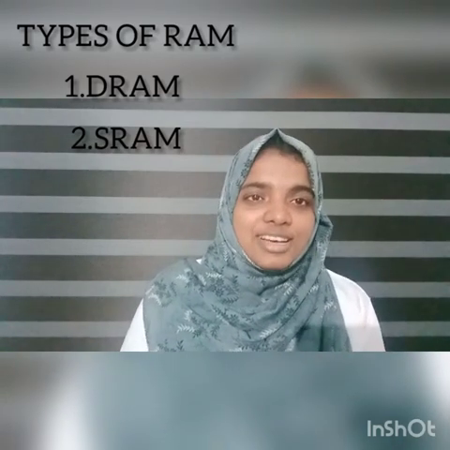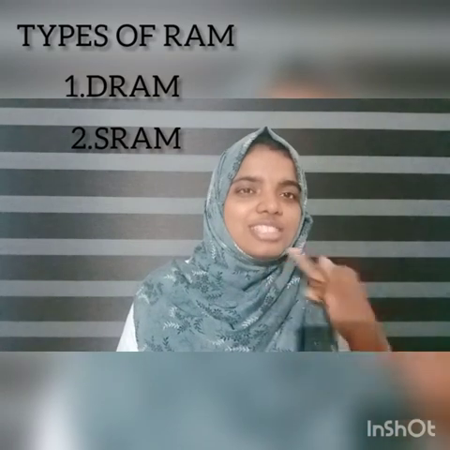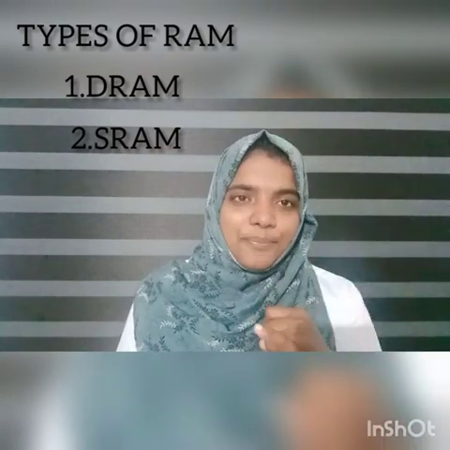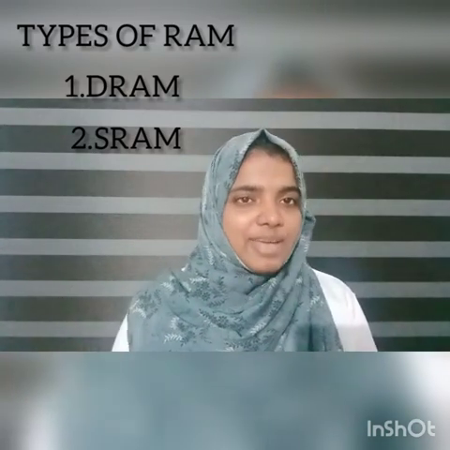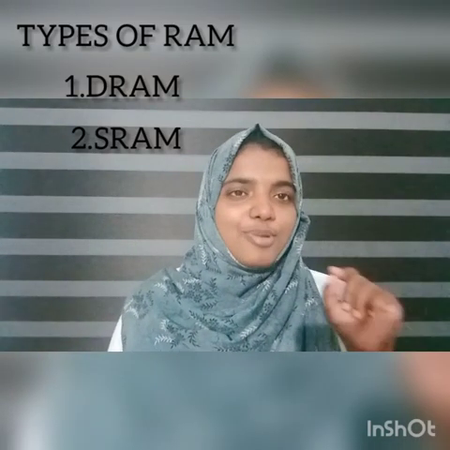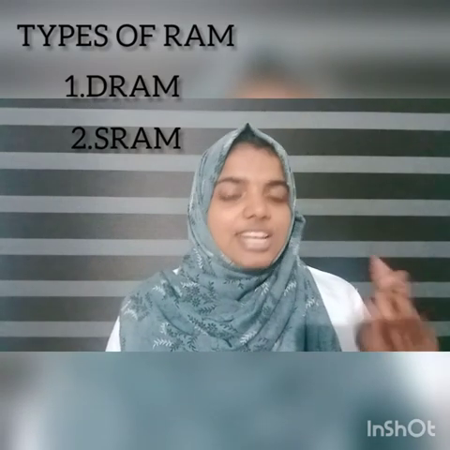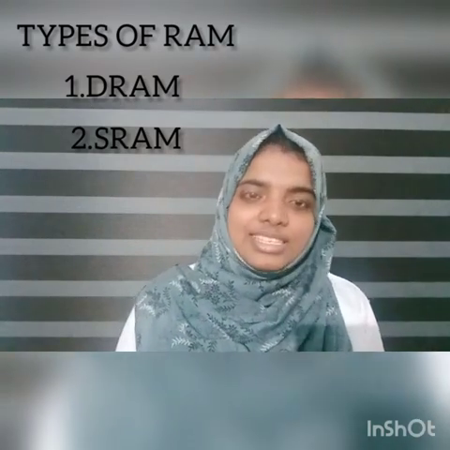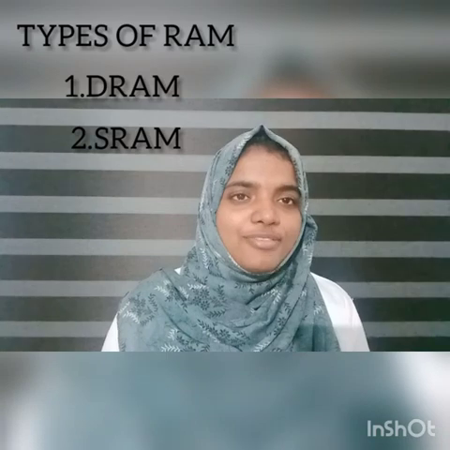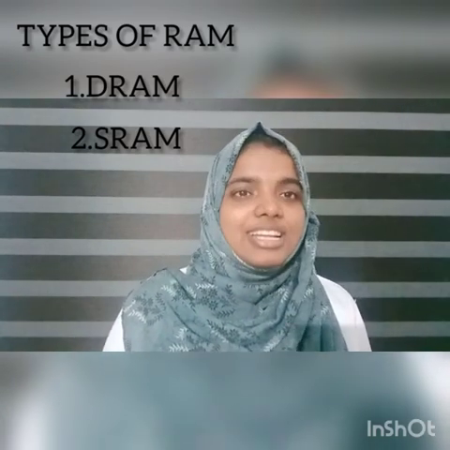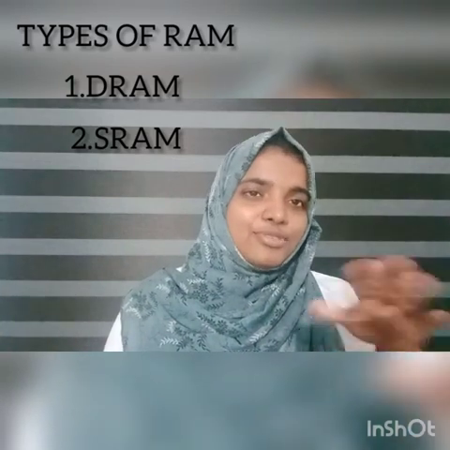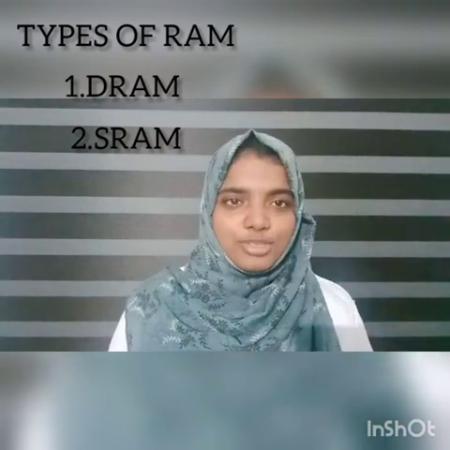So which is the faster device, children? DRAM or SRAM? SRAM. That is why static random access memory is the full form of SRAM, and dynamic random access memory is the full form of DRAM. Learn the full form of RAM and the types of RAM also.